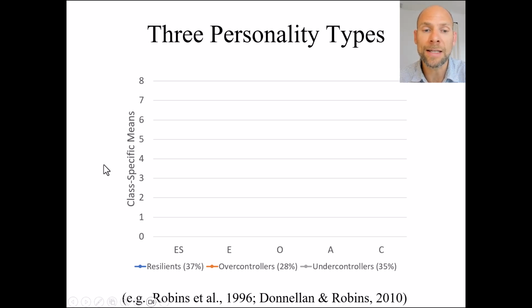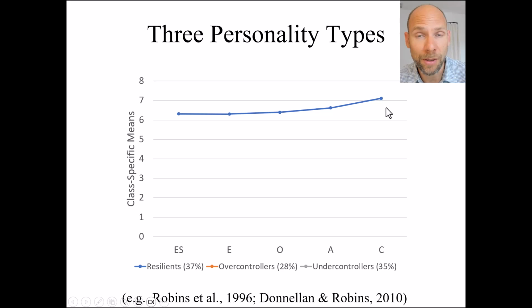that have been estimated for a set of data here for each class. And so we can see that there is one class, the resilients, that has high means across all of the big 5. So they're high on emotional stability, high on extraversion, high on openness, high on agreeableness, high on conscientiousness. So wonderful people who are not nervous, who are open, agreeable, extroverted, conscientious, so perfect, so to say.